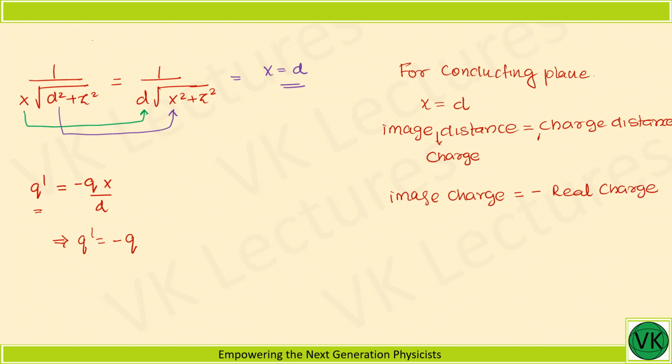So image charge distance equals real charge distance, and image charge equals minus of the real charge, that is x equal to d. Remember that x is the image distance and the real charge distance is d, and q dash is the image charge and q is the real charge: minus q for a conducting plane.